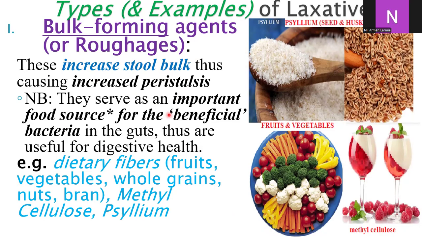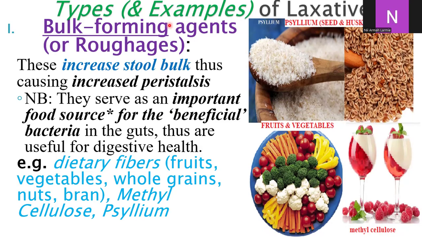How do these bulk-forming roughages or agents work? The name indicates how they work. They form bulk. And how do they do that? They increase the bulk of the GI tract, the stool. And in this case, stool is referring to the content of the GI tract. So they increase the stool bulk.